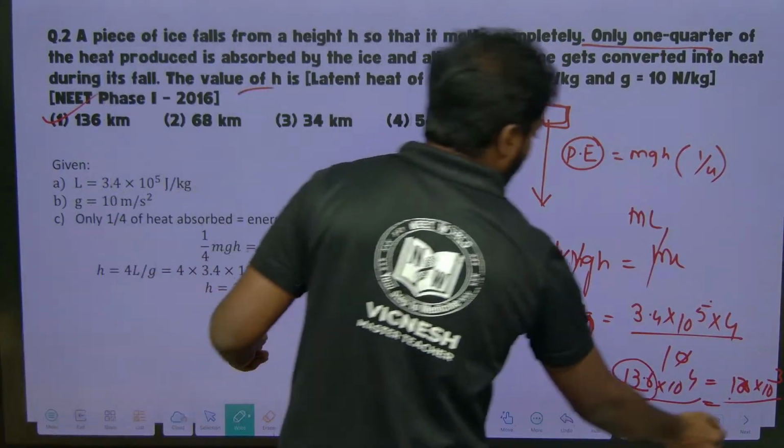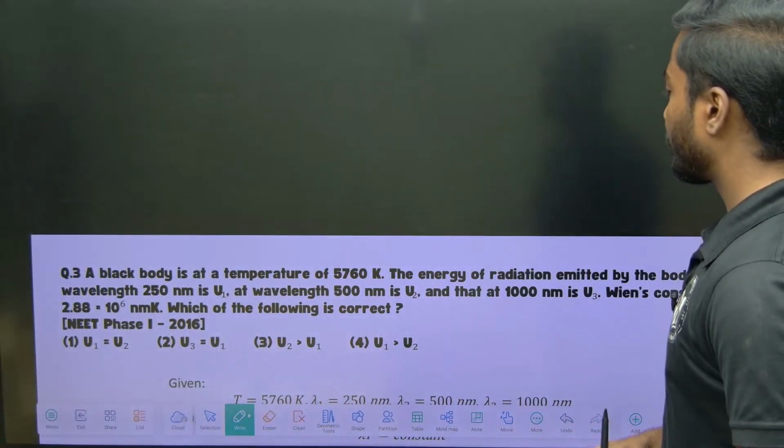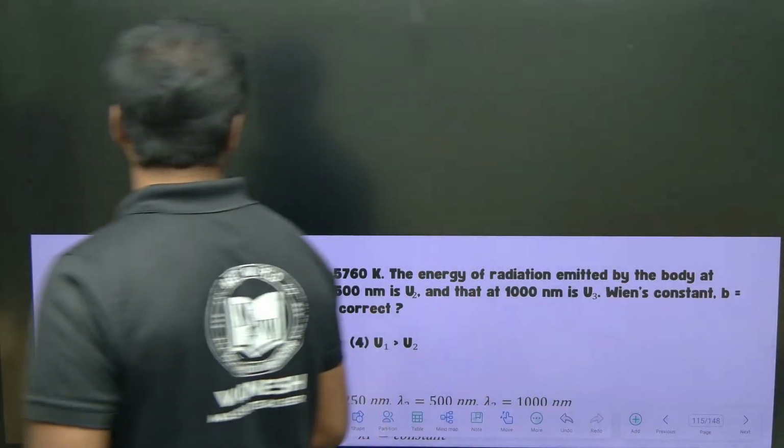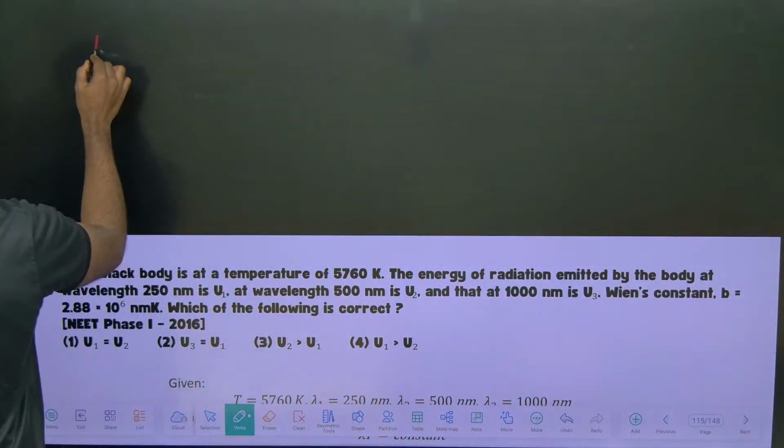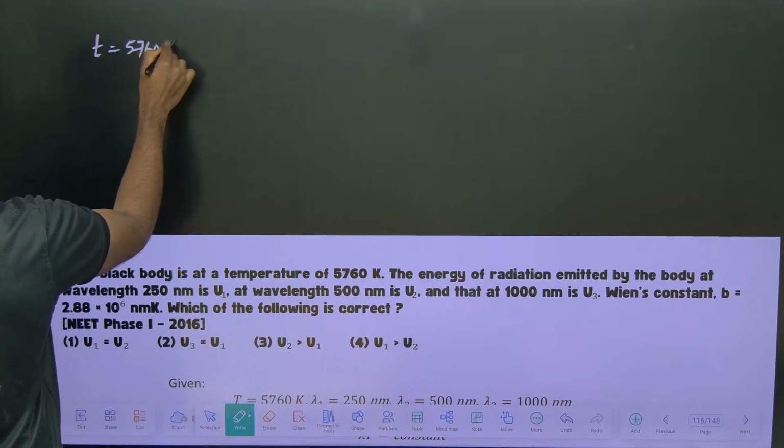Yes, the next question we'll see. A black body is at a temperature of 5760 Kelvin, T equals 5760 Kelvin.